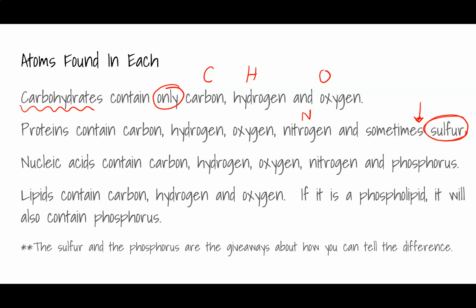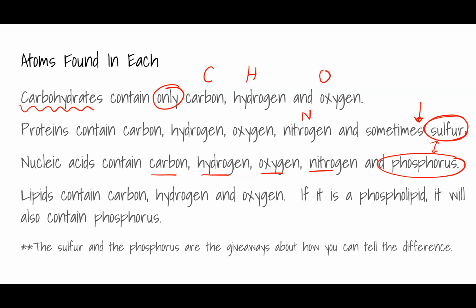A nucleic acid has, I guess, the big four too: carbon, hydrogen, oxygen, and nitrogen. And they have a phosphate group, so they're going to have phosphorus. But proteins do not have phosphorus. So this is a really good way to differentiate. Nucleic acids do not have sulfur, and proteins do not have phosphorus. So that's a good way to tell. We'll see it more later when we talk about how they knew what genetic material was.